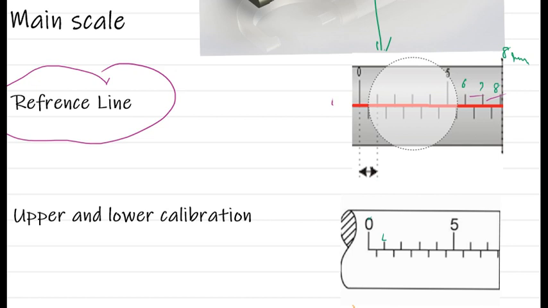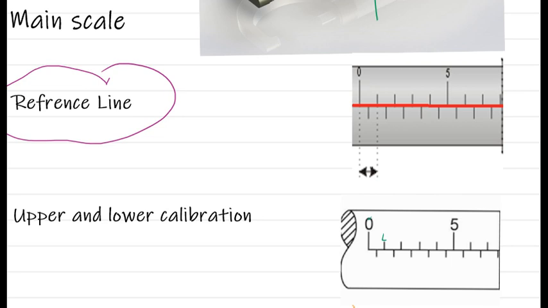So what is that? It's making it complicated, but it's not complicated. Let's listen. The calibrations above the reference line where you have the proper numbers, meaning 0, 5, after 5 this will be 10, then 15, then 25, till 25, the last number, the maximum capability of the micrometer, 25 millimeter.